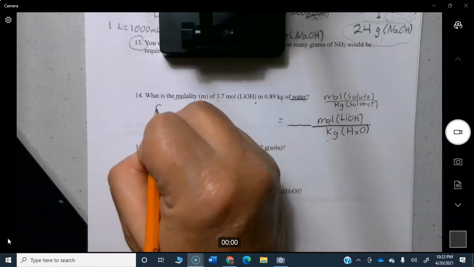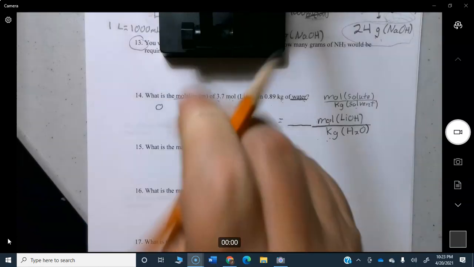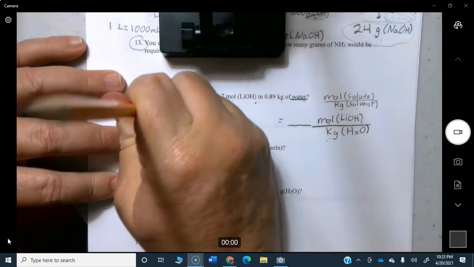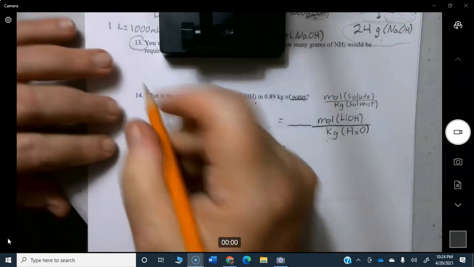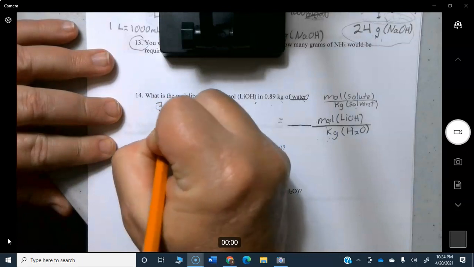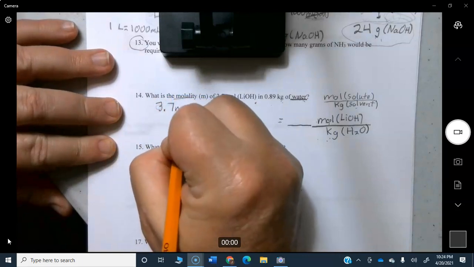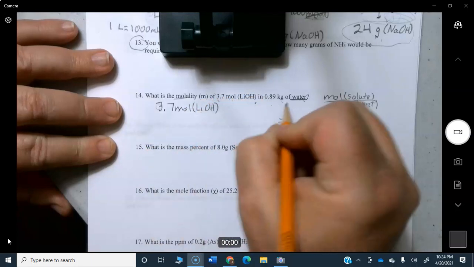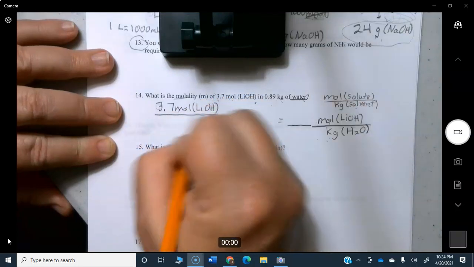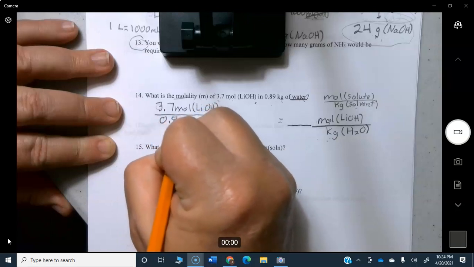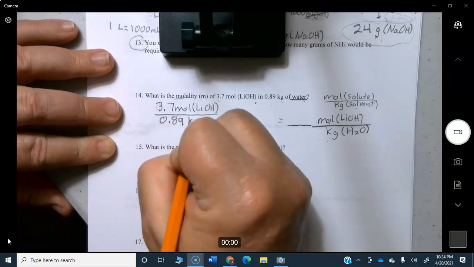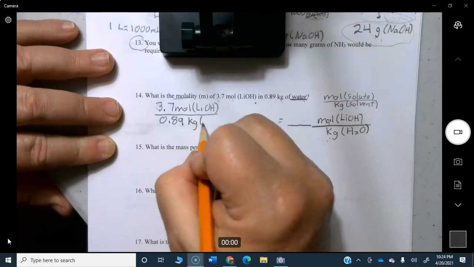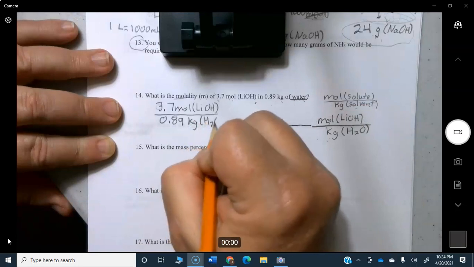So it's 3.7 moles of LiOH over 0.89 kilograms of H2O, which is our solvent.